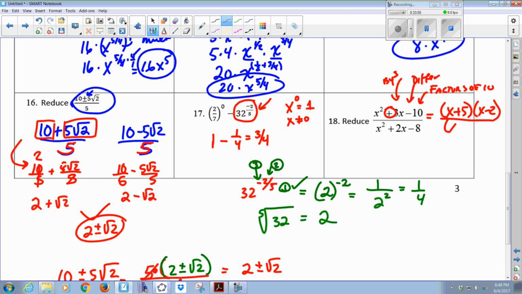I know the factors of 8 that differ by 2 are the numbers 4 and 2. Since my middle term is positive, my biggest factor gets the plus and my smaller factor gets the negative. And you're happy now because you see your common factor of 1. So this reduces to x plus 5 over x plus 4. I keep my parentheses so I don't have a temptation of canceling terms.